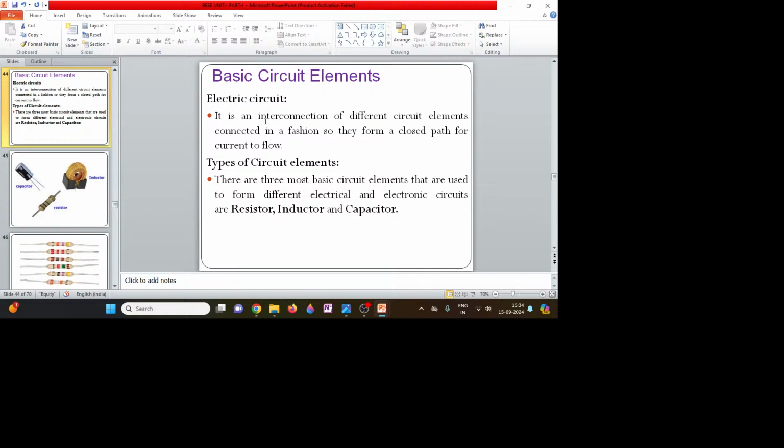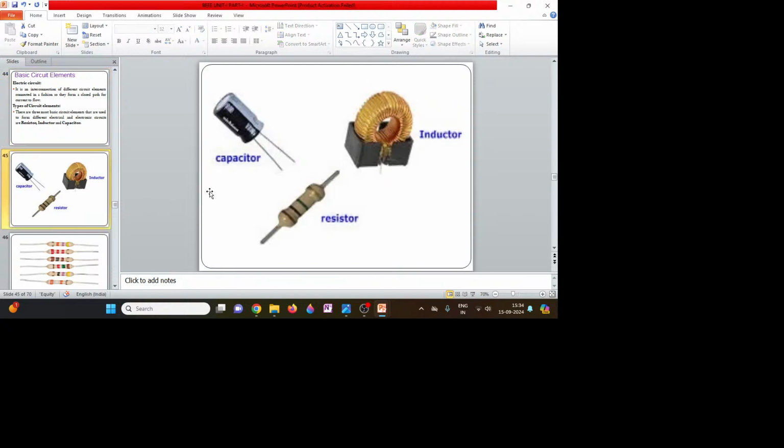Let us first of all start with the resistor. The basic electrical circuit elements are resistor, inductor and capacitor. So you can see that in this image.